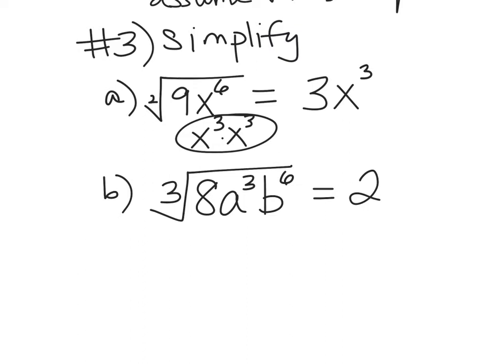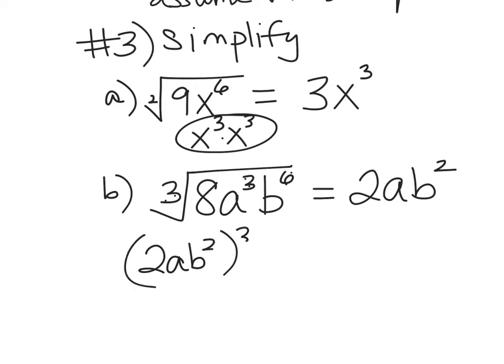Now, with the exponents, you want to just divide the index into your exponents. So 3 goes into 3 how many times? Once. And 3 goes into 6 twice. And that's your answer. What you're saying here is 2ab squared cubed is equal to that stuff in there. Is that true? Cube the 2, cube the a, cube the b squared. It's true. But it's just an easy way just to divide into there.